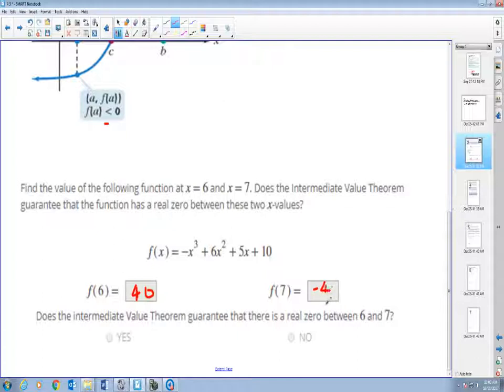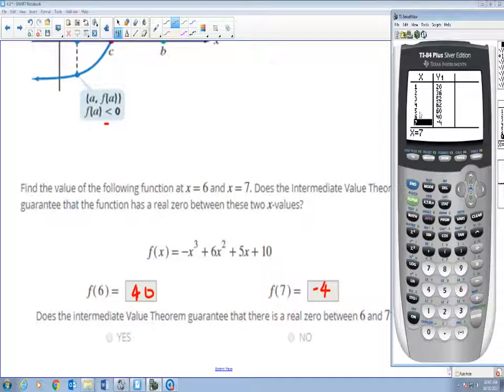What that means is, when the y values have opposite sign, it guarantees that there is a zero in between 6 and 7. When you go from a positive y value, which is above the x-axis, to the next x value where the y value becomes negative, the graph crosses over the x-axis, going from a positive y to a negative y.